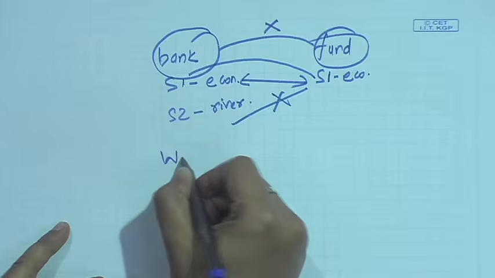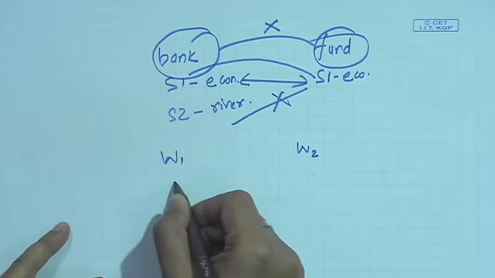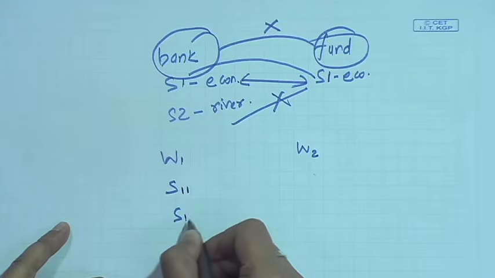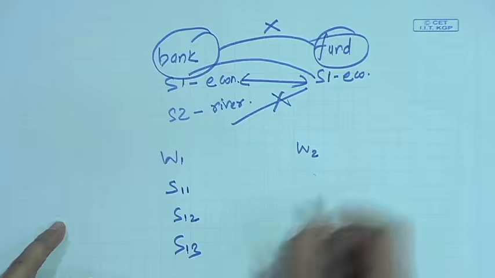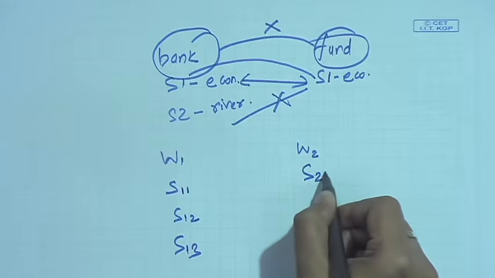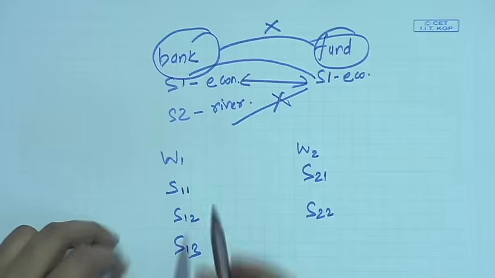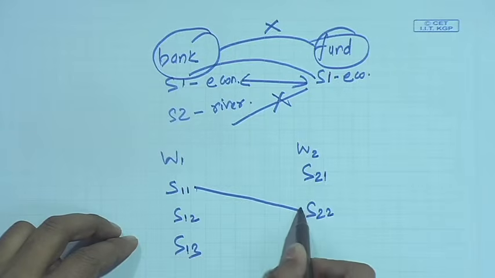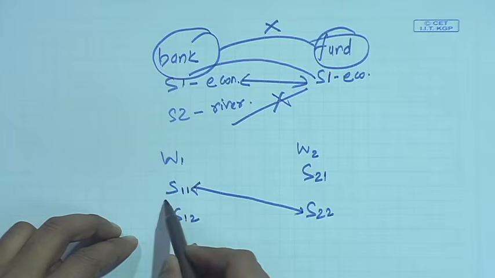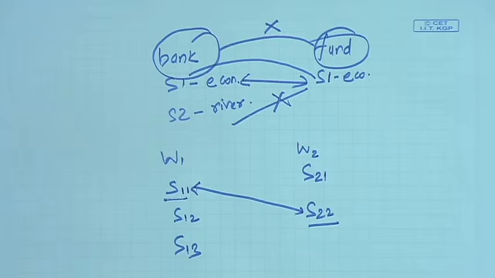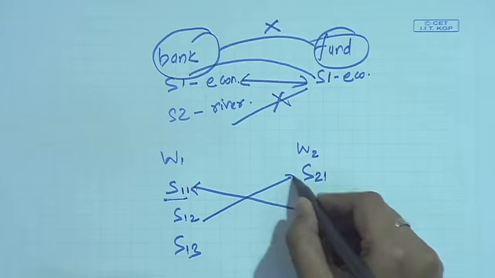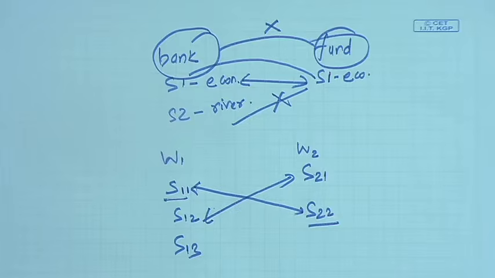What do I mean by that? Suppose I have word 1 and word 2, with senses S11, S12, S13, and senses S21, S22. Using this measure, I can find the similarity between any two pairs, like S11 and S22. Similarly, I can do it for all these pairs.